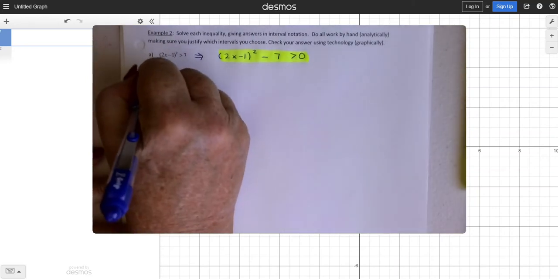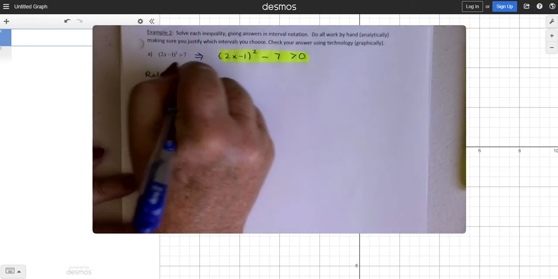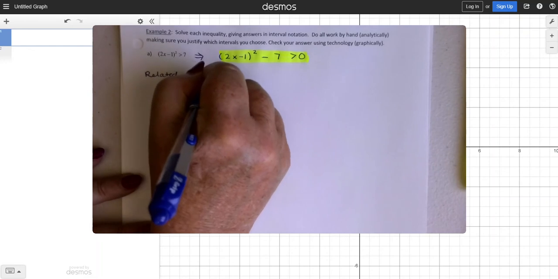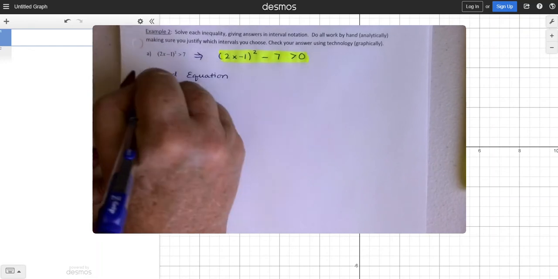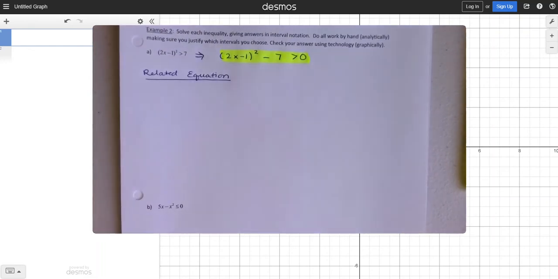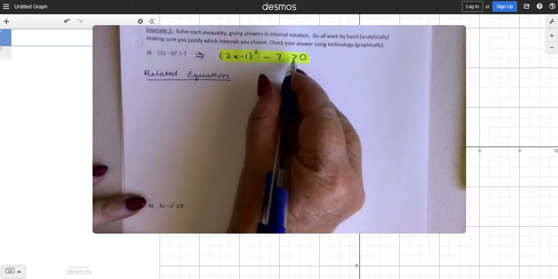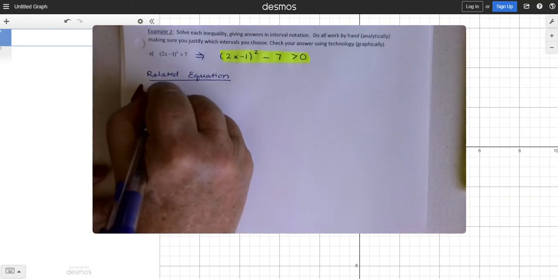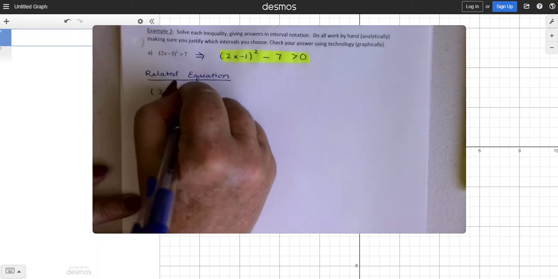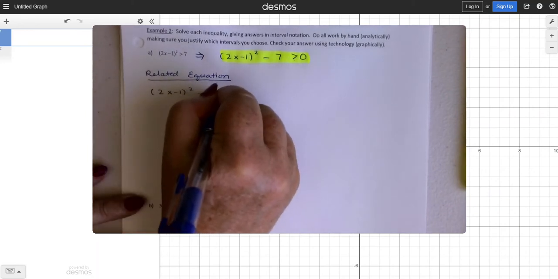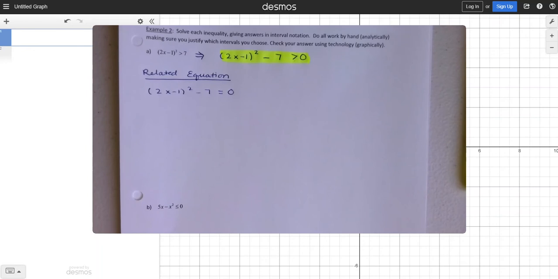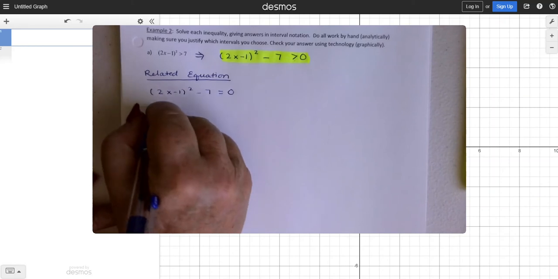My first step is to solve that related equation. So in the related equation, I'm just going to change my inequality into an equal sign. To solve this one, I'm thinking the square root method looks pretty good. I'm actually going to move the 7 back to the other side.